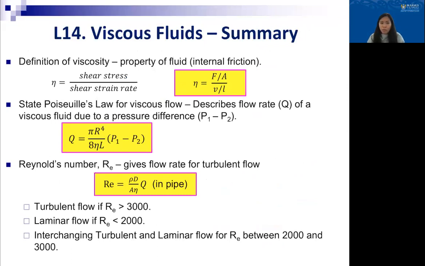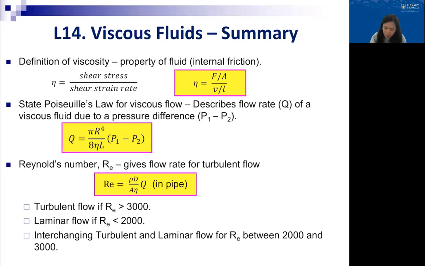We first defined what viscosity is, and then we looked at the mathematical representation of viscosity, and from there we were able to see how viscosity affects fluid flow. Poiseuille's equation tells us that for a viscous fluid to flow, there has to be a pressure difference, essentially providing the force that will push the viscous fluid and cause it to flow.